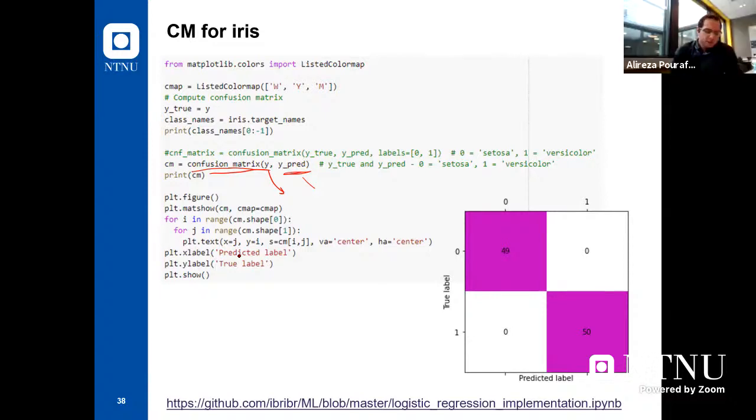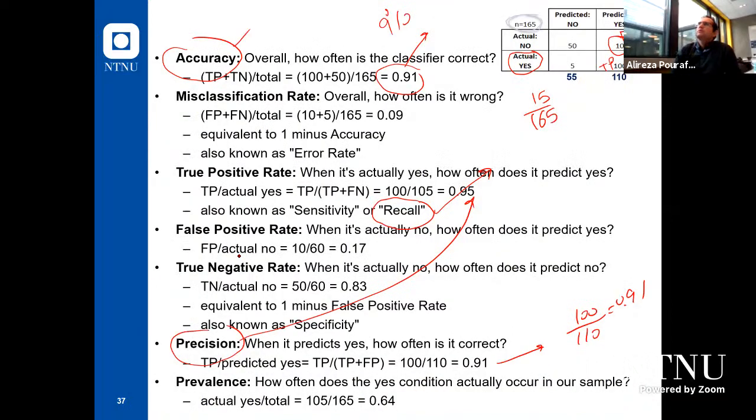For disease recognition, which one of these metrics is better? I think it's recall, because it finds how many of the positives are predicted. You can call it the true positive rate.